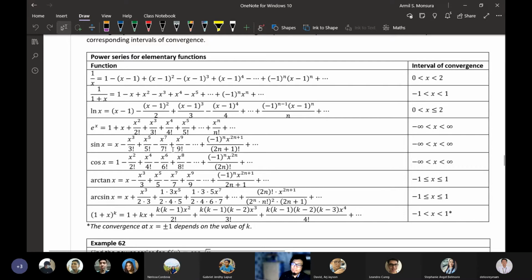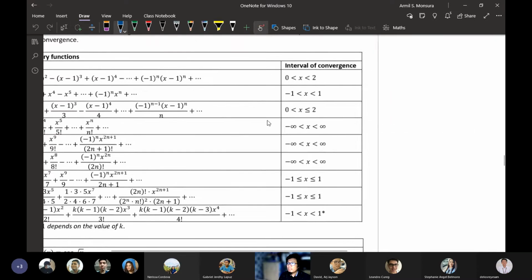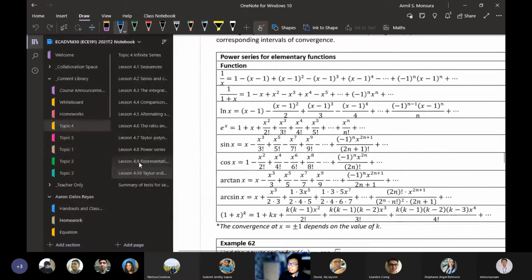Okay. If you want to change this to a Taylor series, kailangan lang natin palitan, for example, in the case of sin x.